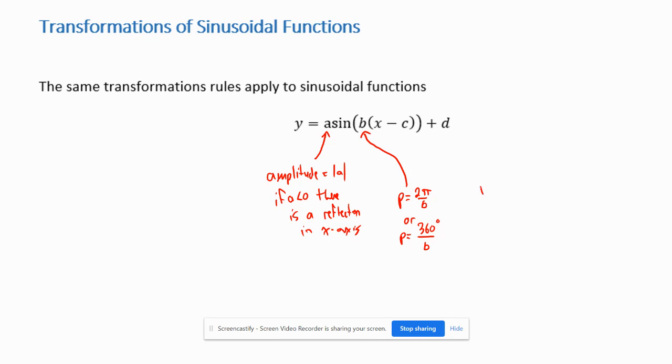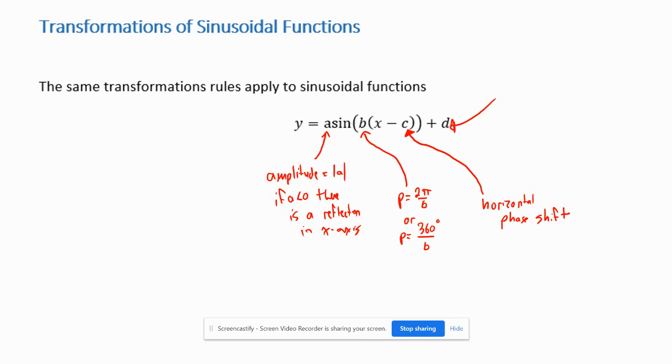Now this c value is going to be the horizontal translation, but we have a very sweet new name for this in this unit, and we call the c value the horizontal phase shift. Really, it means the exact same thing as horizontal translation, but we just have different terminology when we're talking about sinusoidal functions.